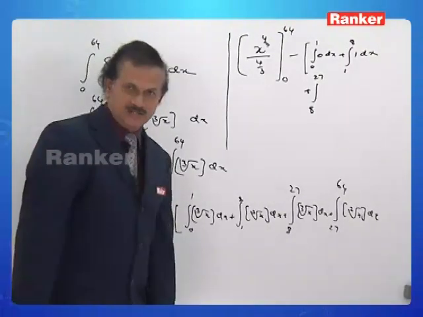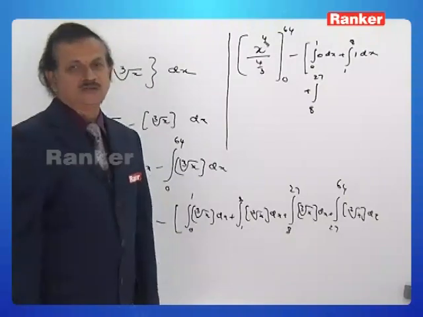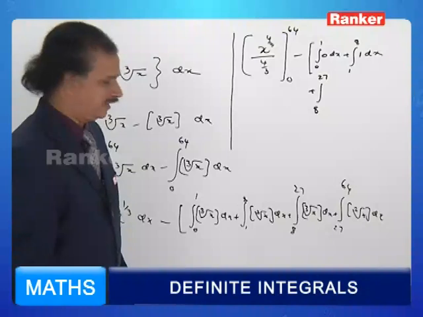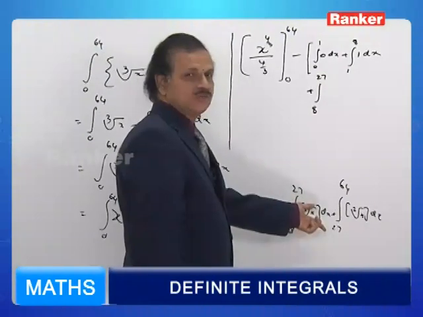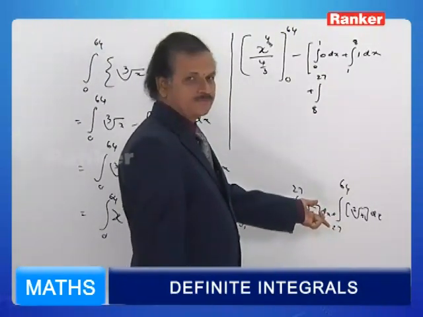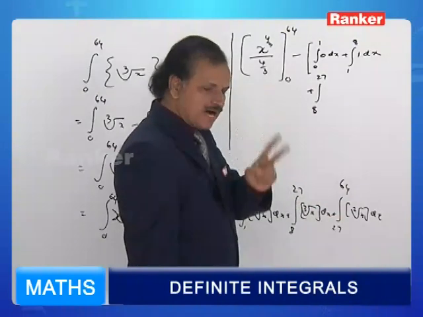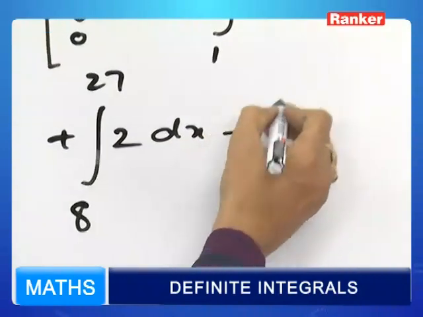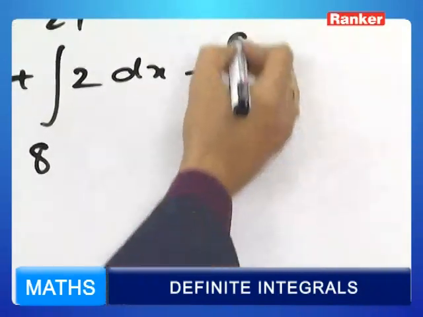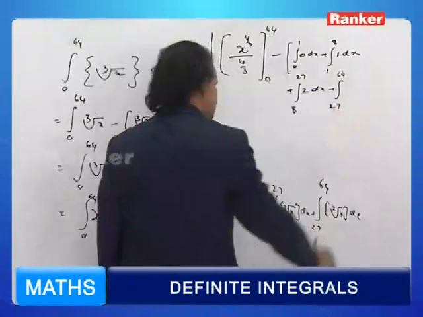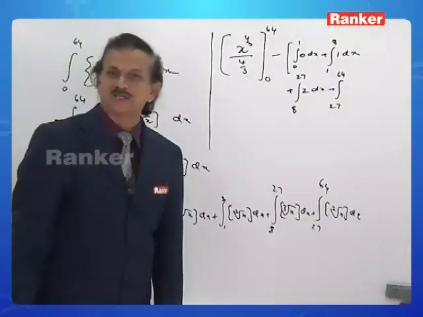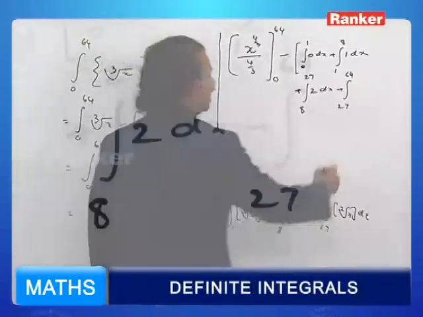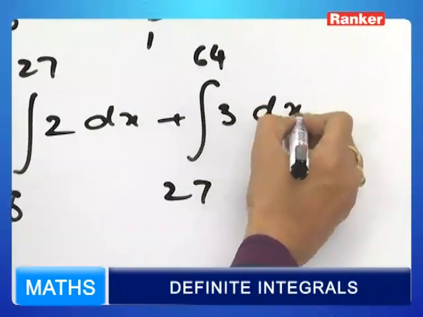If x is 8 point something, then the cube root of that is 2 point something. Hence entirely this cube root of x is 2 point something, so its integral part is 2. Hence it is 2 dx. And at last, with a similar discussion between 27 and 64, the cube root of x will be 3 point something. Hence its integral part is of course 3 dx.